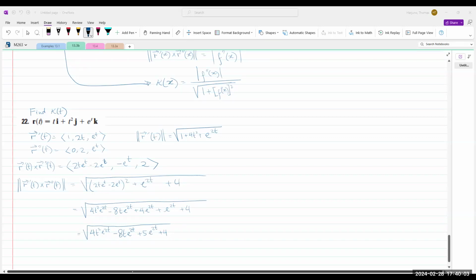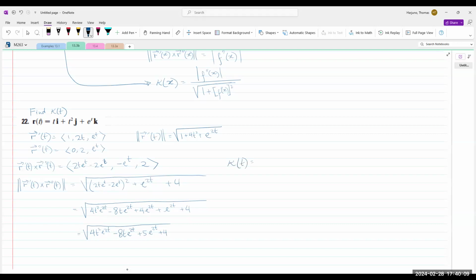Okay, so the curvature at time t will then be this ugly square root here, and I don't think I can factor anything out. 4t squared e to the 2t minus 8t e to the 2t plus 5 e to the 2t plus 4, divided by the cube of this.